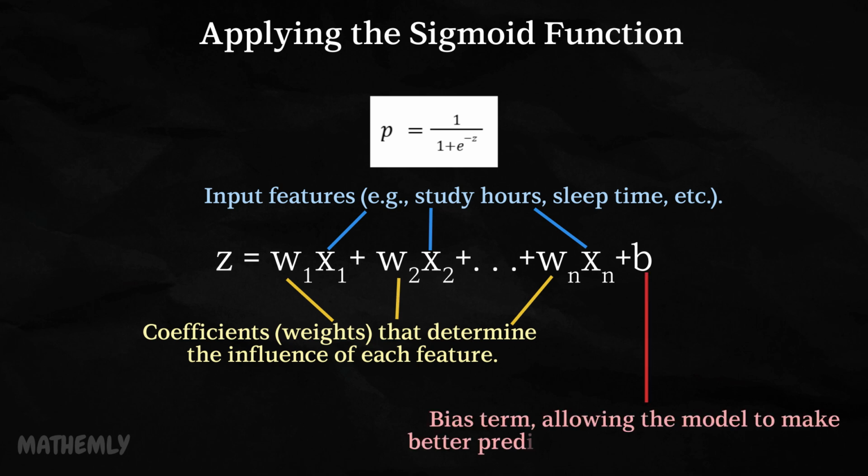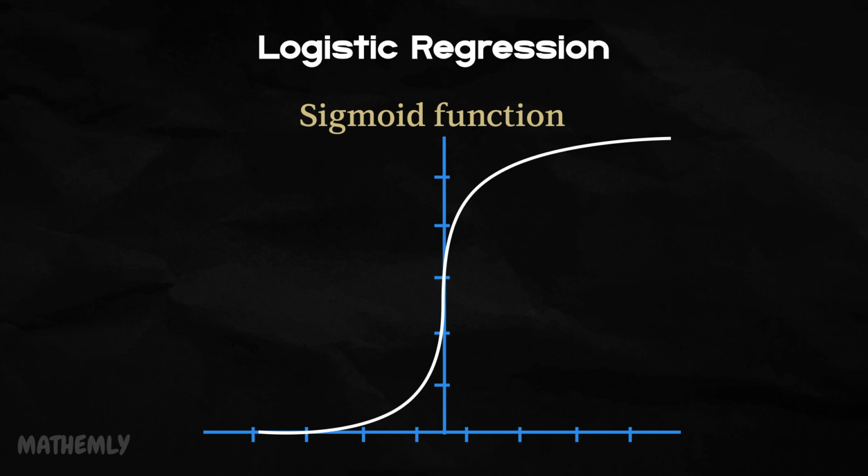B is the bias term, allowing the model to make better predictions when all inputs are 0. During training, the model learns the best values for these coefficients to minimize classification errors. Once Z is calculated, it is passed through the sigmoid function, which transforms it into a probability between 0 and 1.